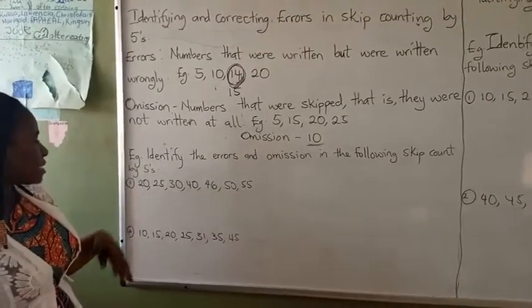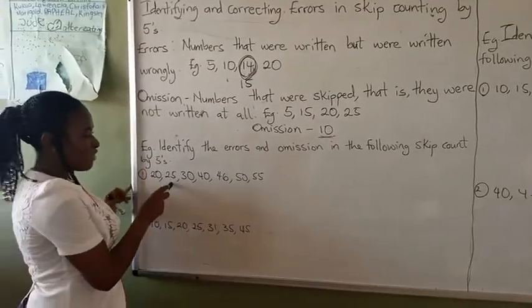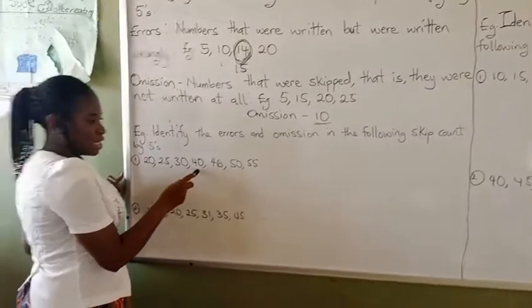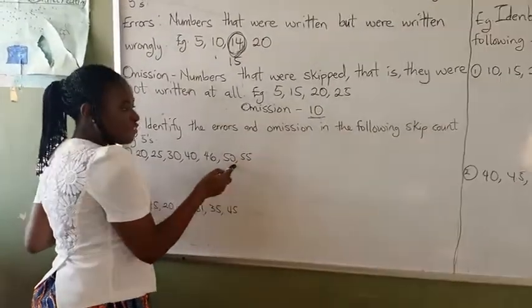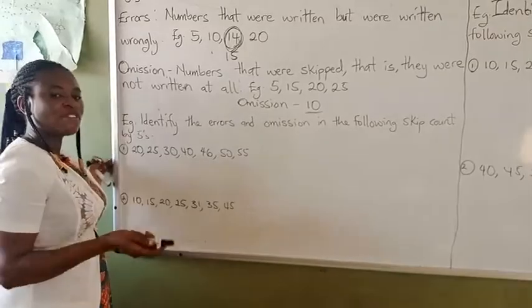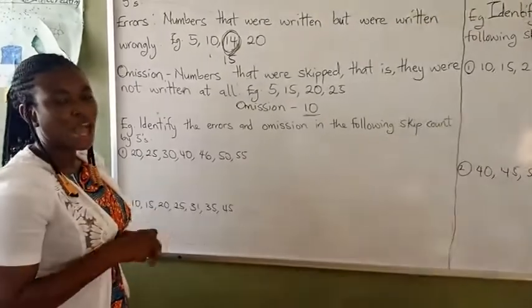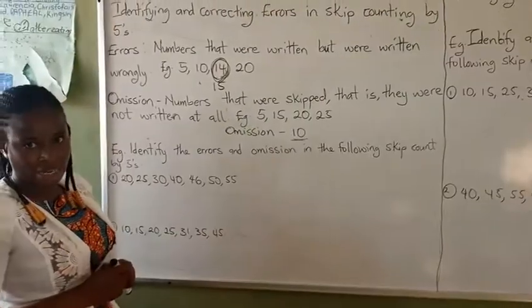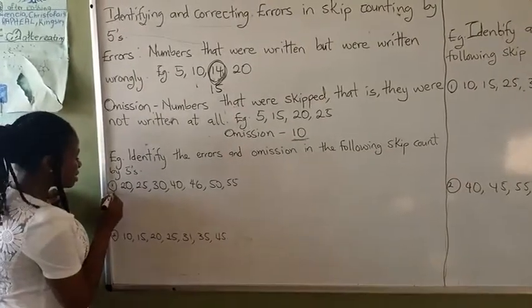We have numbers like 20, 25, 30, 40, 46, 50, 55. Now to be able to identify the errors and omission, we have to write the skip count again. Okay, so we write the correct skip count.